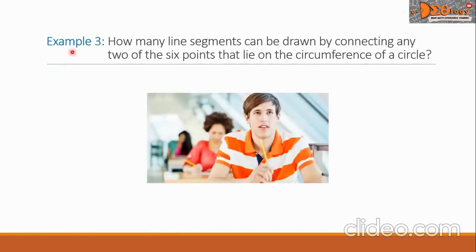Let us see example 3. How many line segments can be drawn by connecting any two of the 6 points that lie on the circumference of a circle?